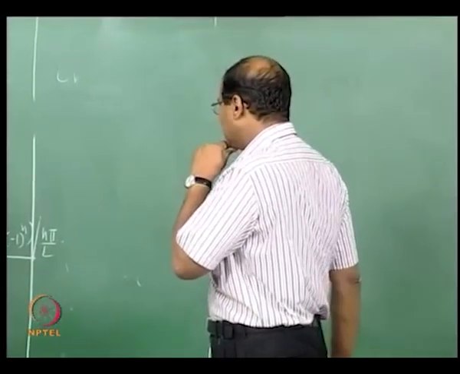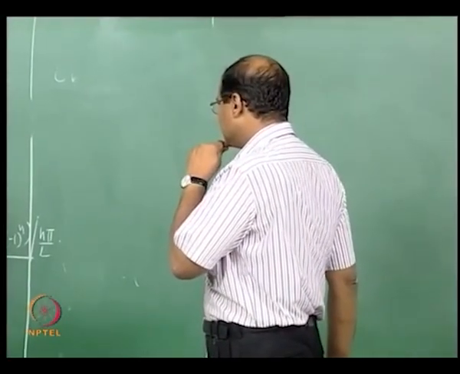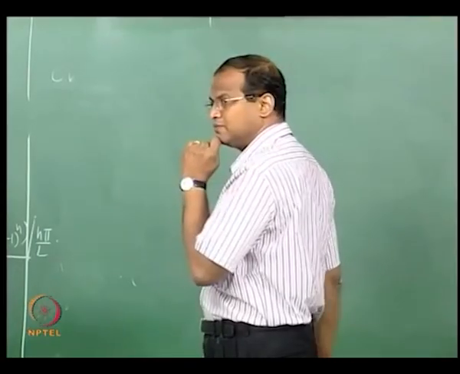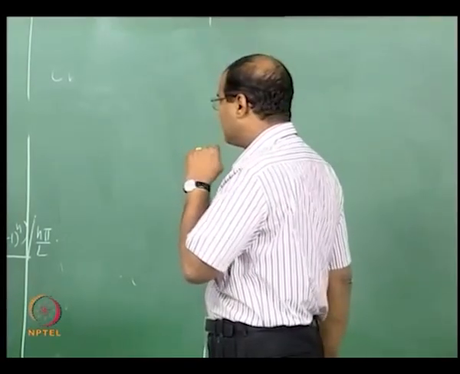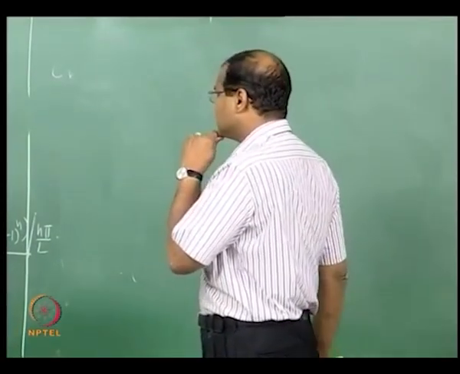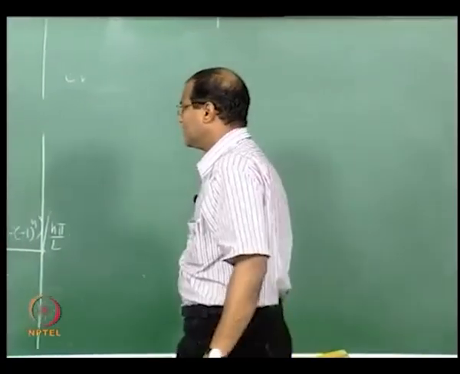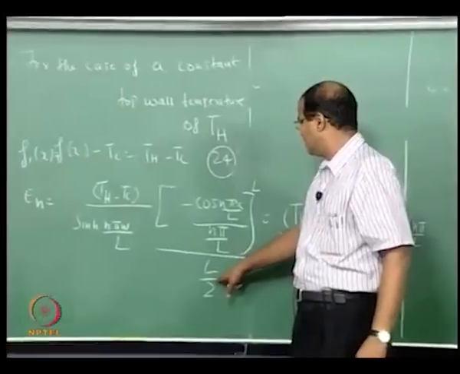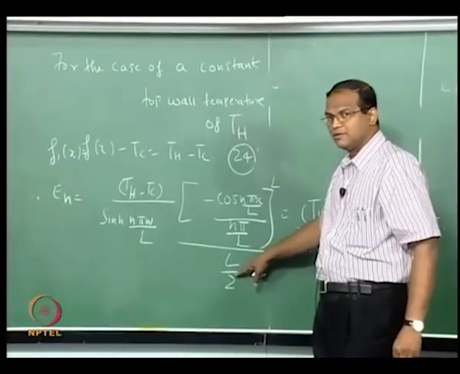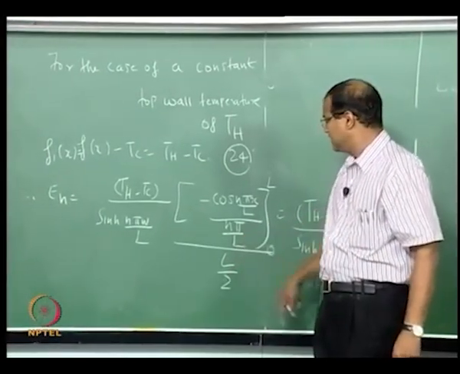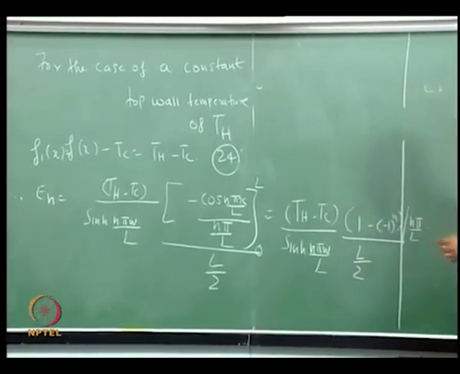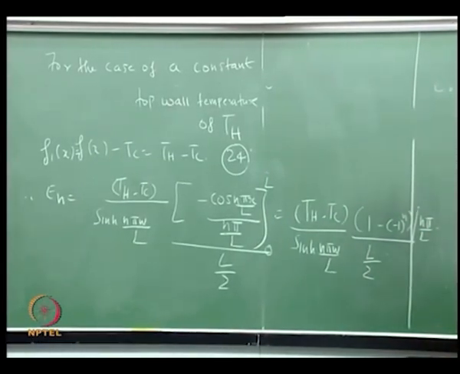L, is it getting cancelled? What is happening to L? Yes sir, L is getting cancelled. Where? Here you are getting L by 2. Is it getting cancelled or becoming L square? Tell me. I am not able to cancel it.